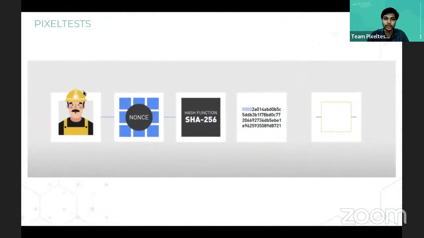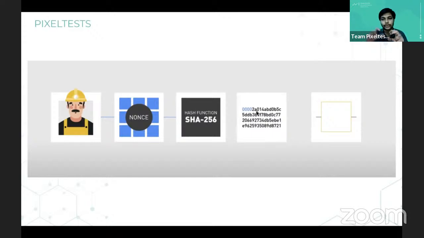Right? So now when a person has found the nonce, the number along with the data of the transactions, he's going to hash all of the inputs that are there within that particular transaction, including the nonce, and that hash generates this alphanumeric string like this, which is the actual hash, and this hash goes into the block header, right?